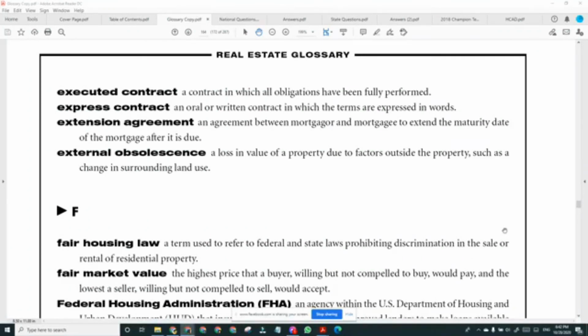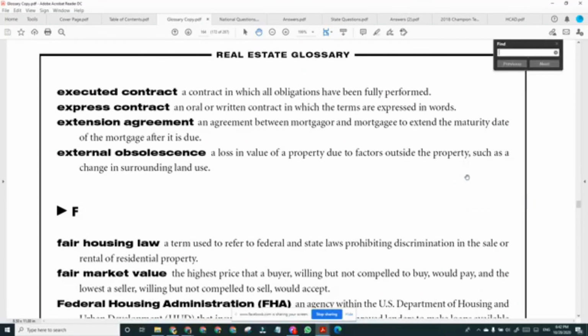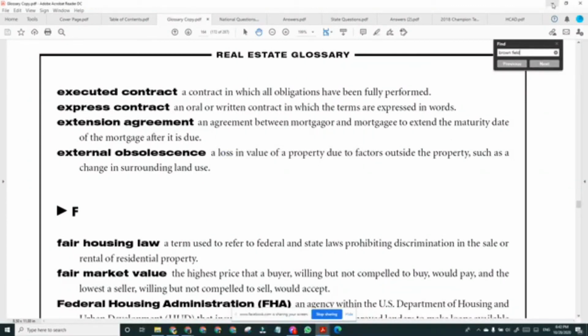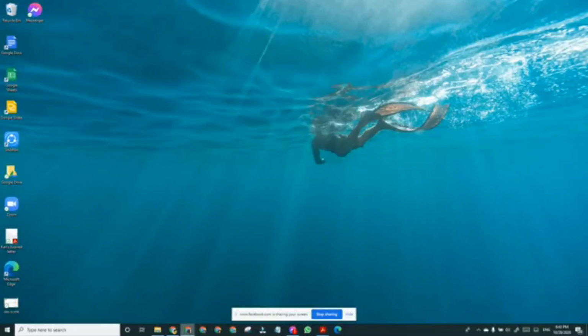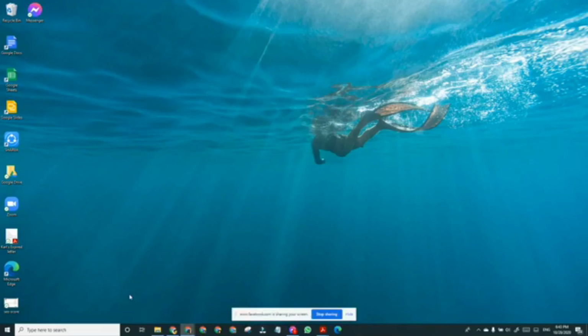Okay, so when you can't figure it out, what did I say? Let's see here, find brownfield. Let's see if it'll find it. Okay, it didn't find it there. So, if it's not in the glossary, next best place is to look it up.